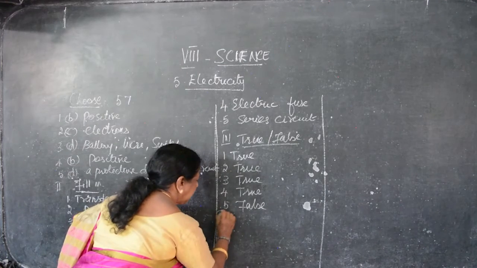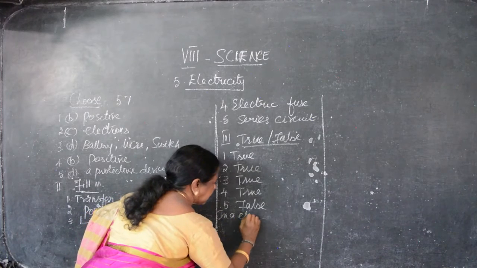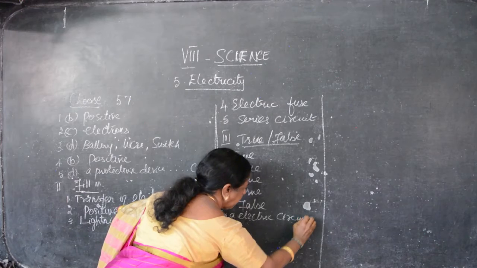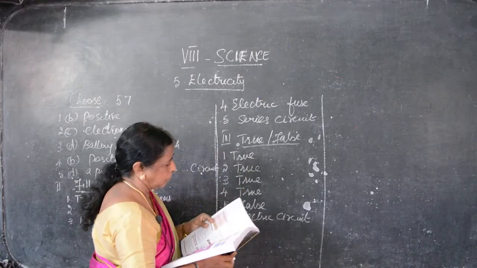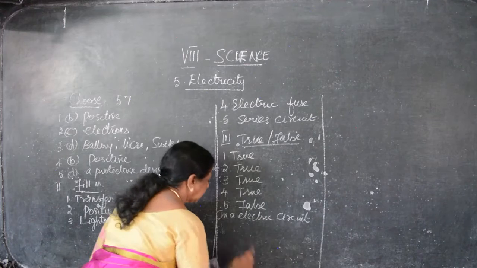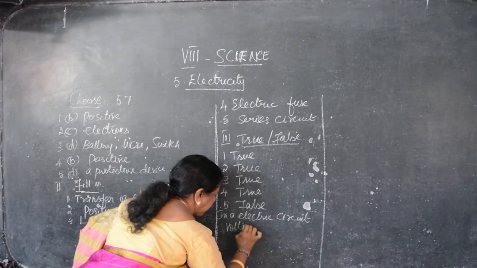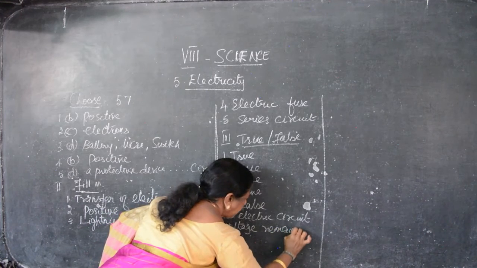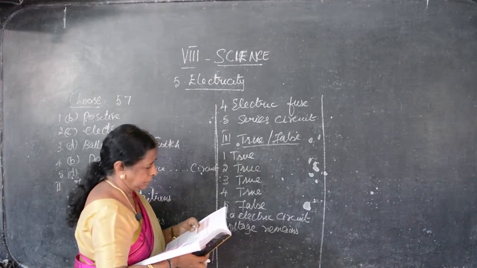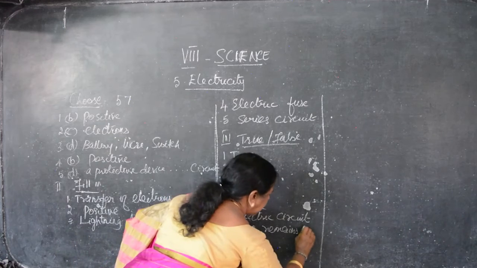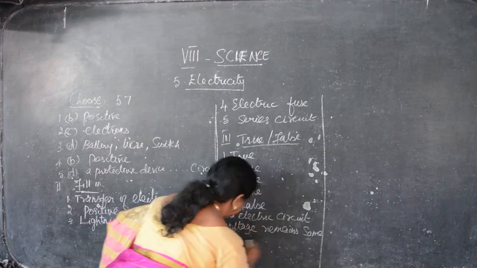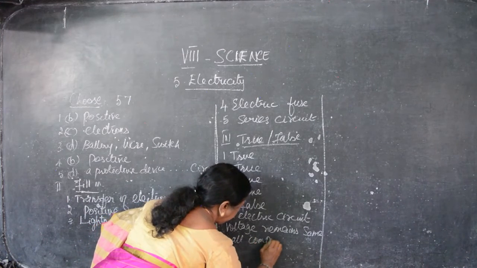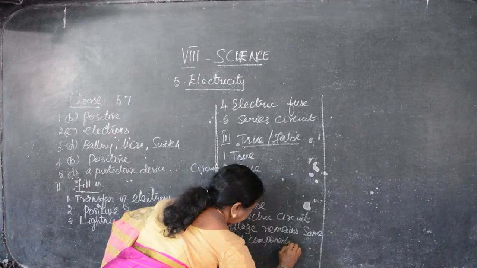So, answer, in a parallel circuit, voltage remains same in all components. Clear?